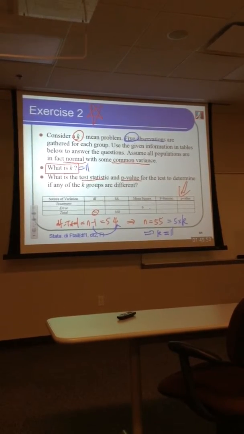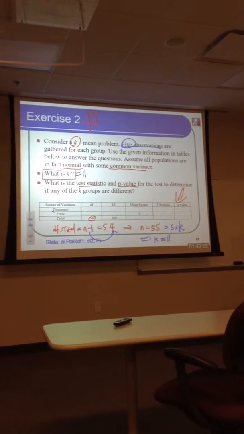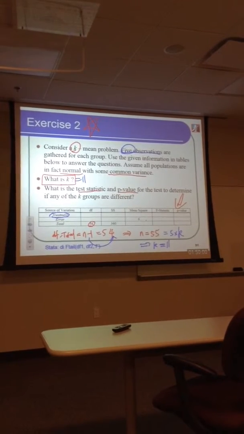Now, once we know the value of K, the degree of freedom for treatment equals what?